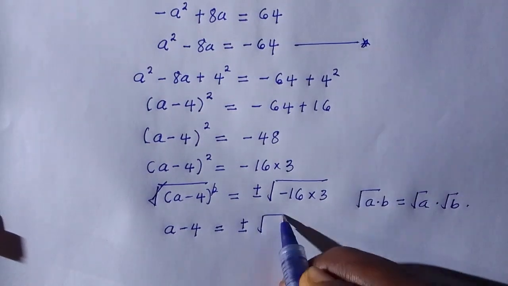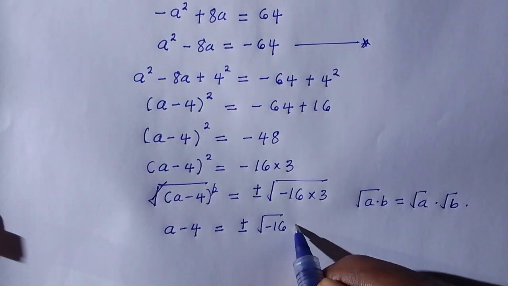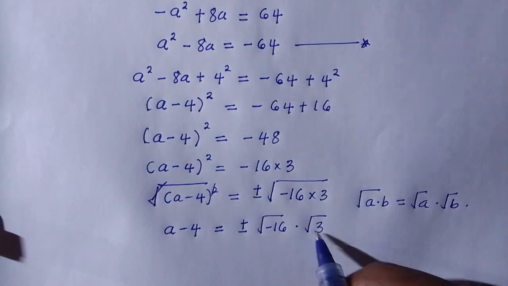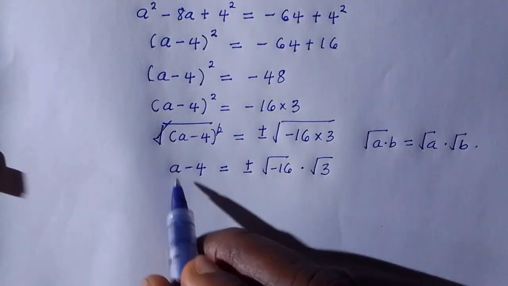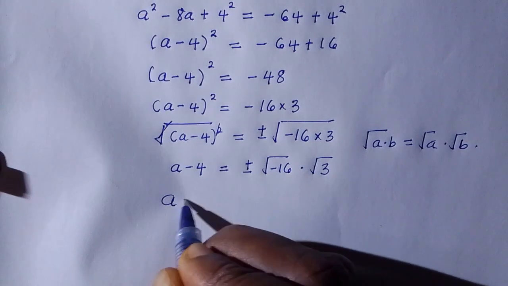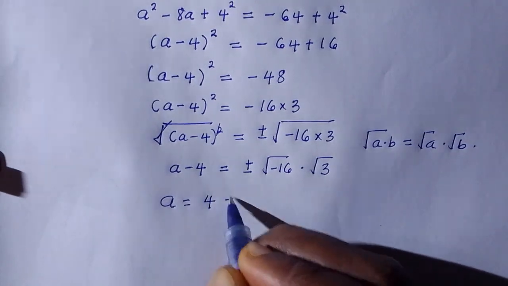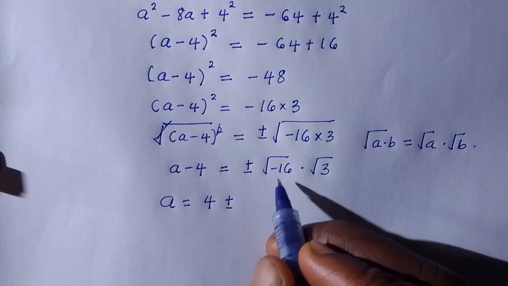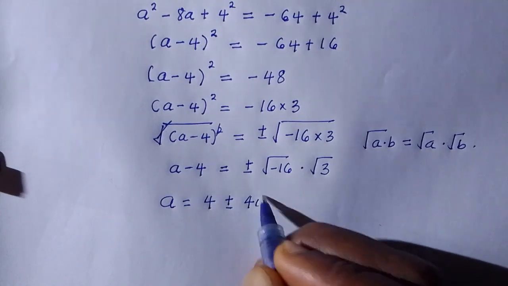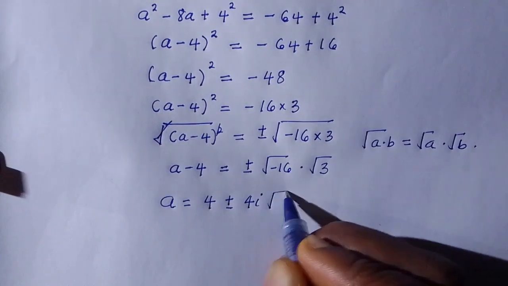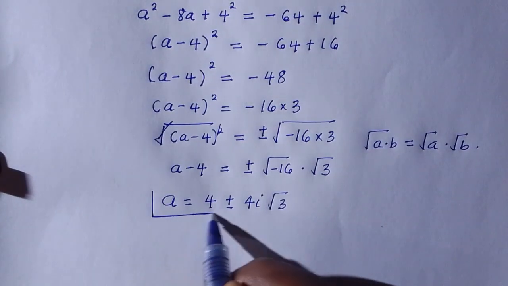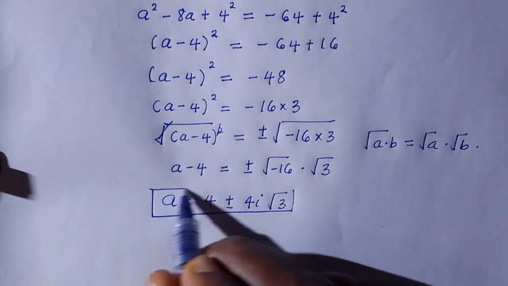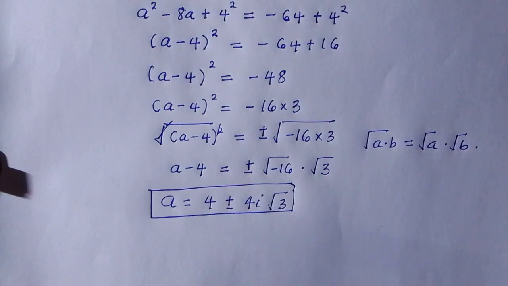So here we have the root of minus 16 multiplied by root 3. This dot and multiplication are still the same thing. Then we transfer 4 to the other side, as we have a equals 4 plus or minus the square root of minus 16, which is given as 4i, then multiplied by root 3. So here is the result for the value of a, as it is a complex solution.